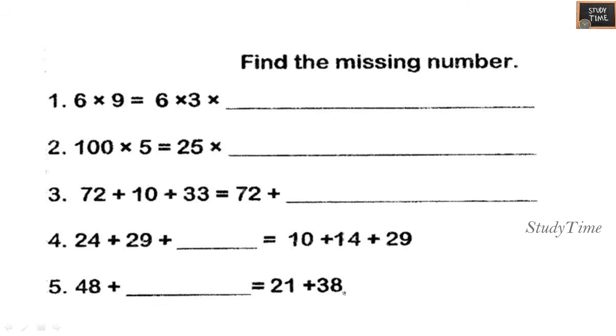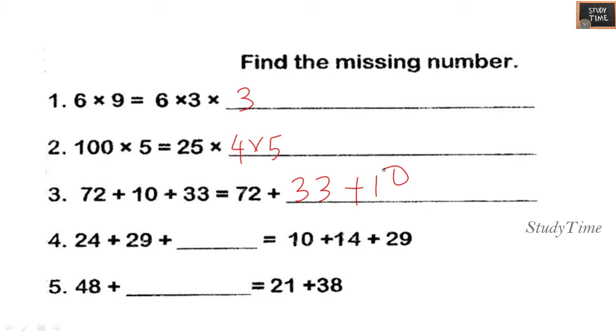Next, find the missing number. 6 into 9 is equal to 6 into 3 into 3. 100 into 5, that is 500 you will get. So here you can write it as 4 into 5, or you can write it as 25 into 20. 72 plus 10 plus 33 can be written as 33 plus 10.